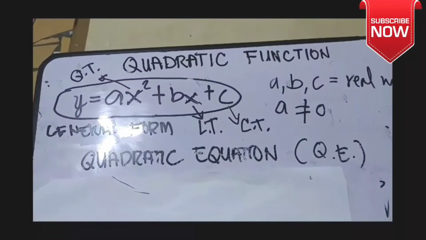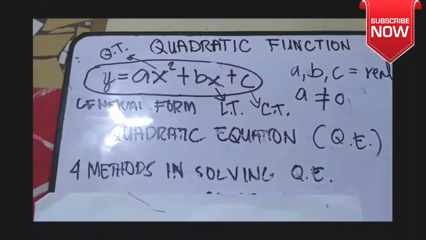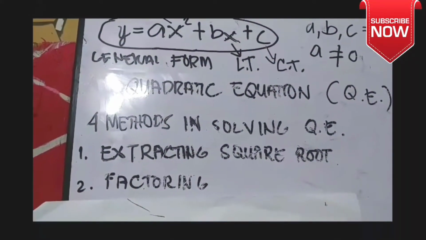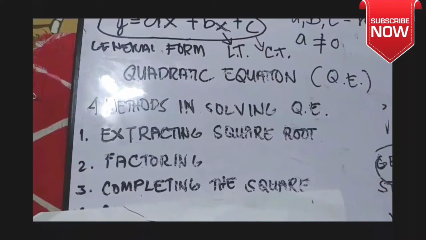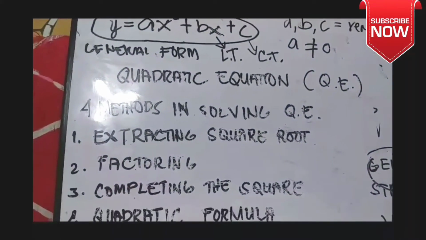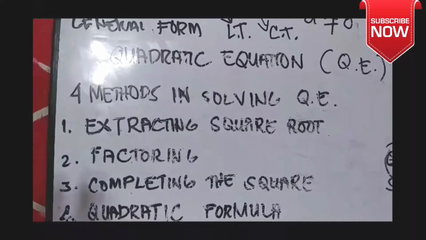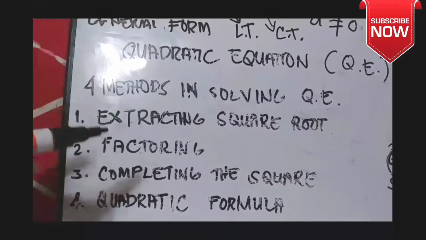So sa pag-solve ng quadratic equation, there are 4 different methods. So the first method is extracting square root, factoring, second method. The third method is completing the square, and the fourth one is the quadratic formula. So we will discuss kung ano yung pagkakaiba ng solutions ng apat na to.